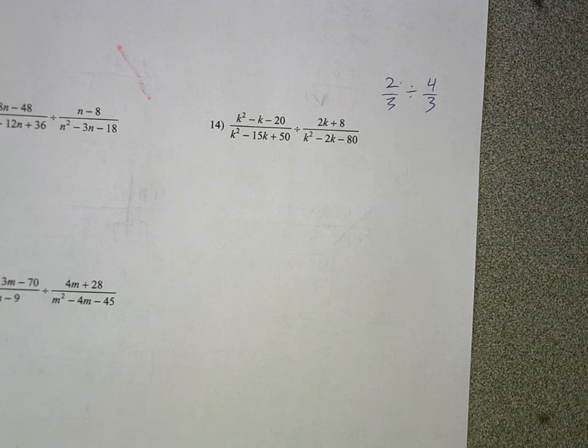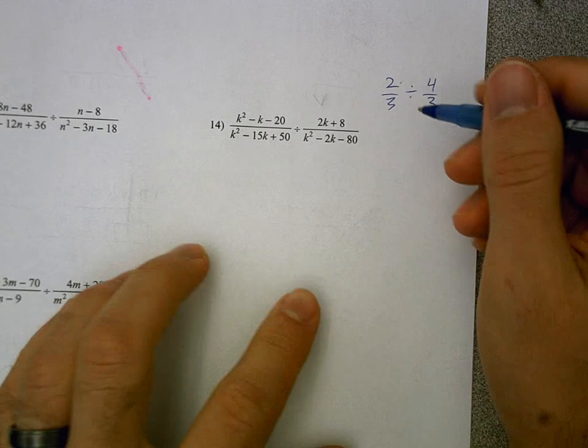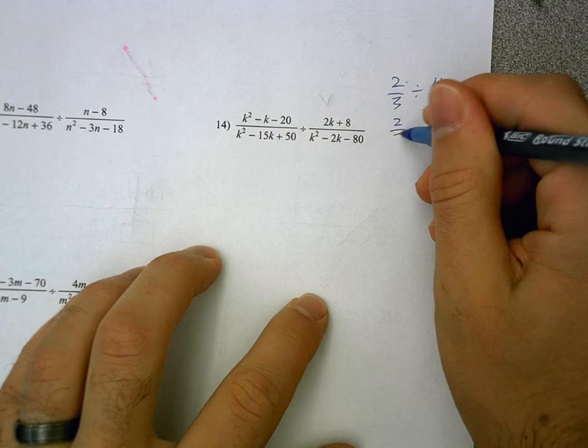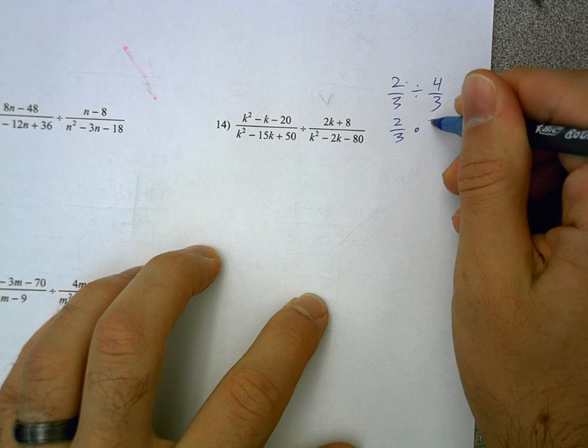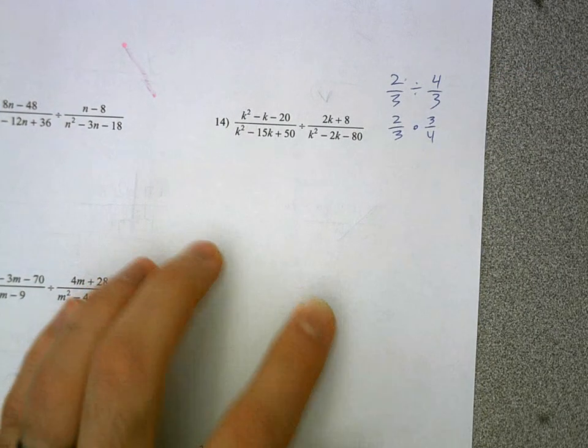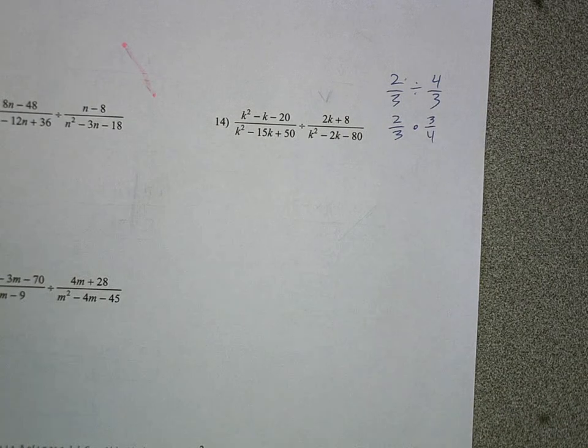We would multiply by the reciprocal. We flip the second one upside down and change it to multiplication. This is the same as 2/3 times 3 over 4. Does that sound familiar to you guys? If you divide by a fraction, that's the same as multiplying by its reciprocal.